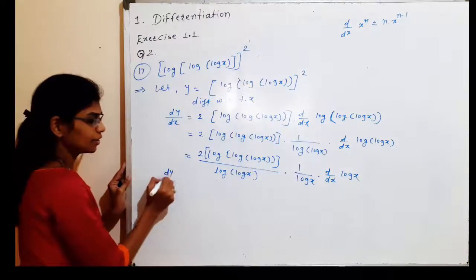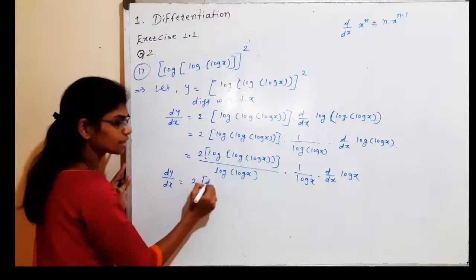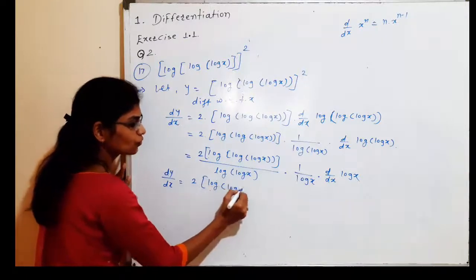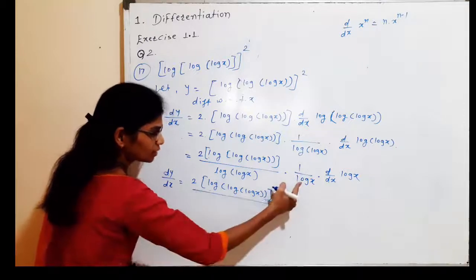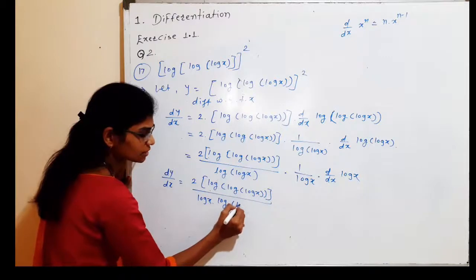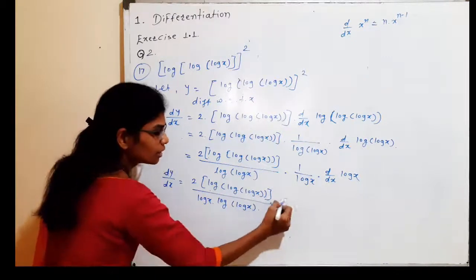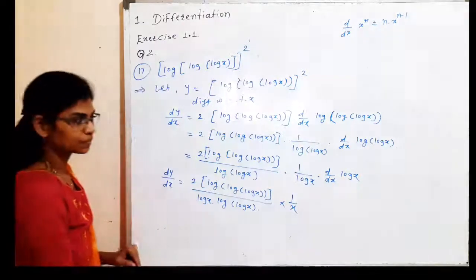So at next step, the derivative of y with respect to x is equal to 2 in bracket log x as it is, divided by log x, multiplied by the derivative of this log x, which is 1 divided by x.